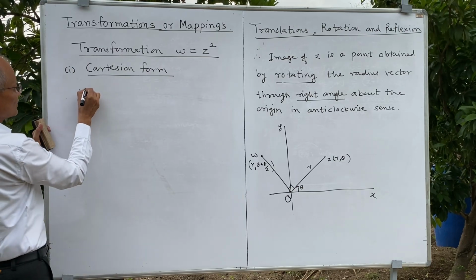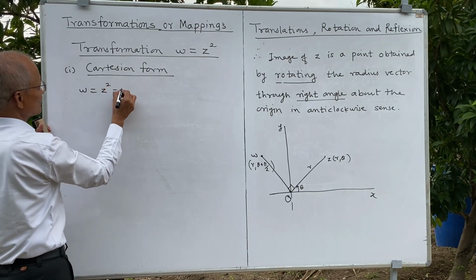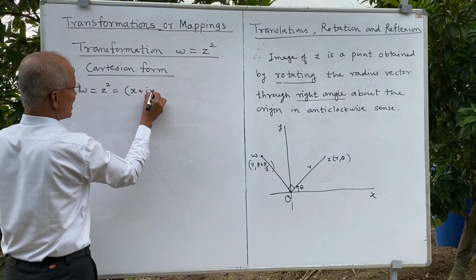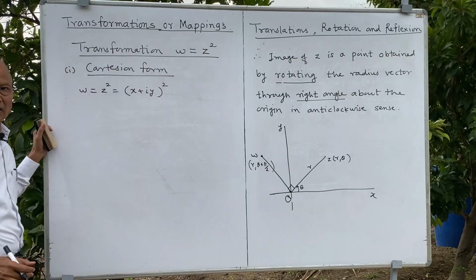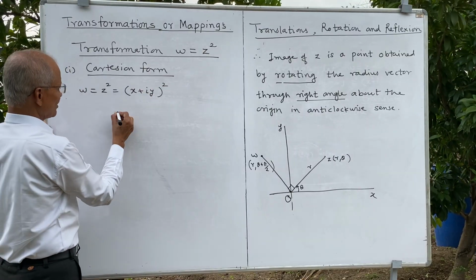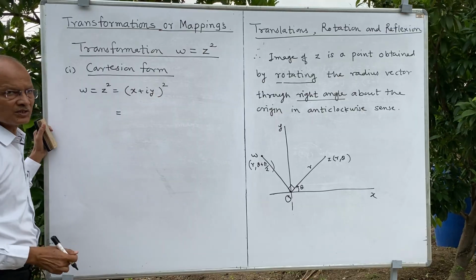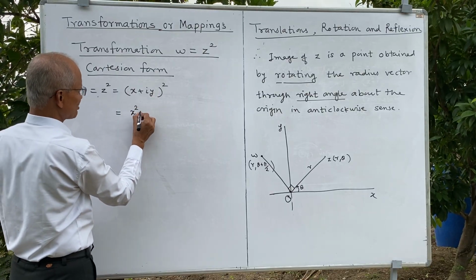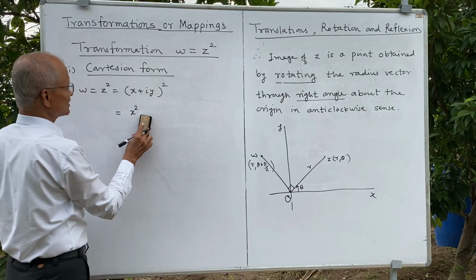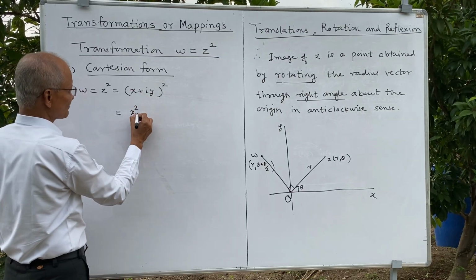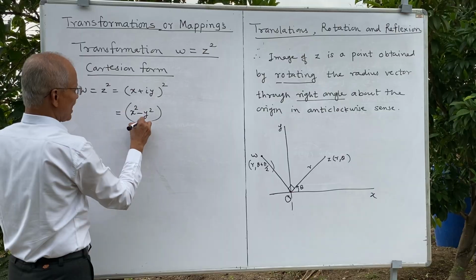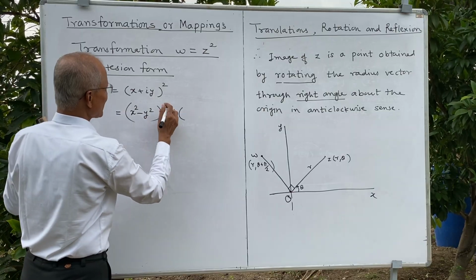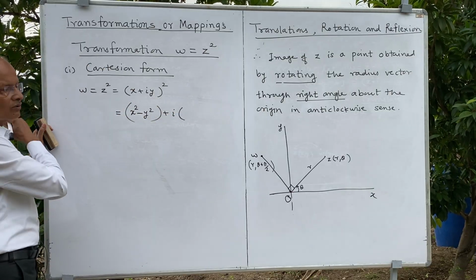W is equal to z square, and we know z is x plus iy whole square, and earlier we have seen how to simplify this. Expanding the square, we shall get x square minus y square, since i square times y square is minus y square, that is the real part, and the imaginary part is the middle term i into 2xy.